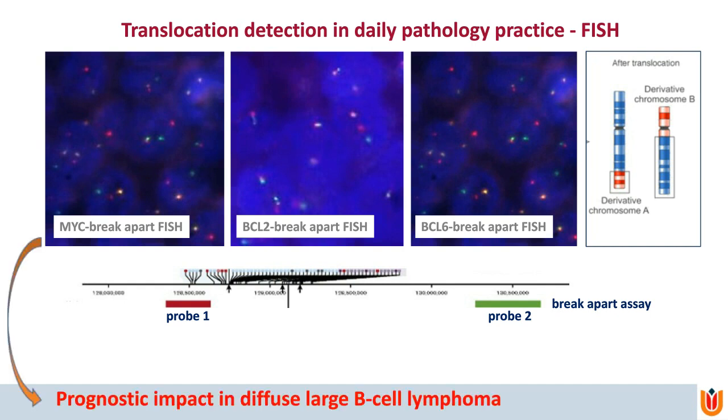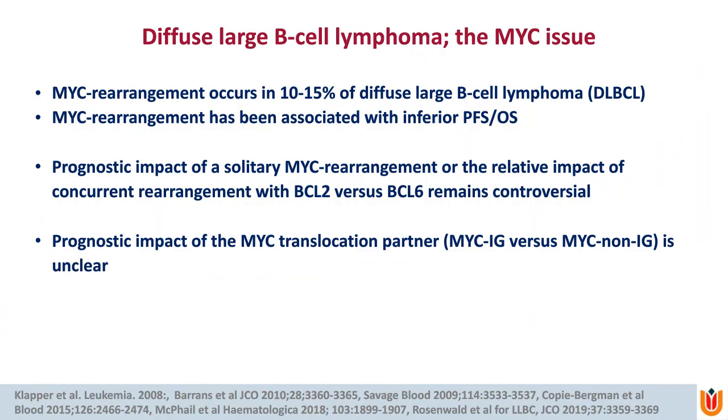And that is because there is a prognostic impact of these three translocations in diffuse large B-cell lymphoma. So what we know largely about the situation of MYC in diffuse large B-cell lymphoma, based on quite a lot of studies, is that MYC rearrangements, MYC translocation, occur in 10 to 15% of diffuse large B-cell lymphoma. It is associated with inferior outcome, both progression-free survival and overall survival.